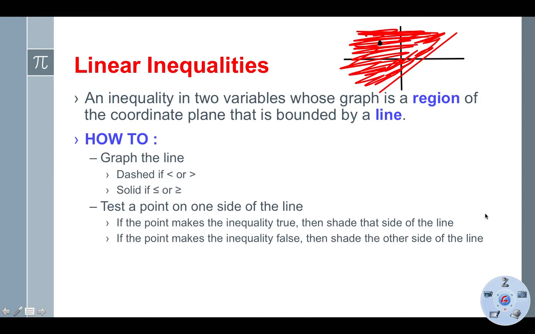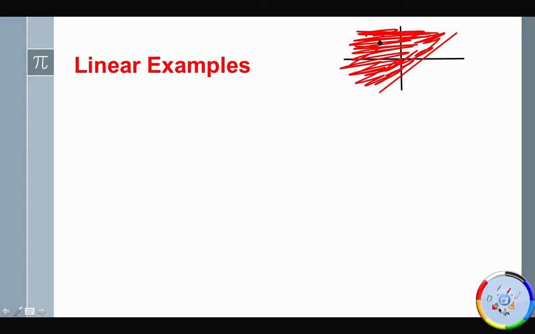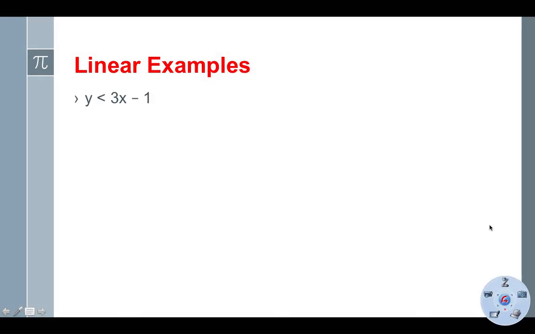And if it's a false statement, then I shade the other side. So in this case, if I tested this black point right here, and it came out true, notice I shaded the same side of the line. All right, so that's the how-to. Let's look at what that's going to look like as actual work.